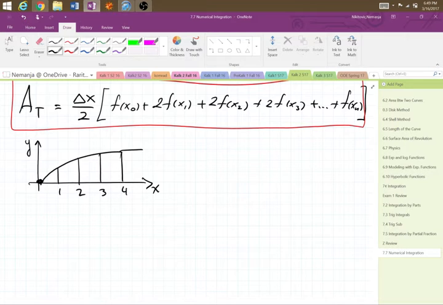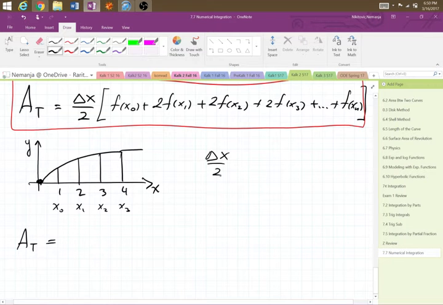So all we need to understand, that's x0, that's x1, that's x2, that's x3, and we plug them into the formula. Very quick, very easy. Delta x, so compute delta x over 2. We know that that's going to be 4 minus 1 over 3. That's, again, 3 over 3, which is 1.